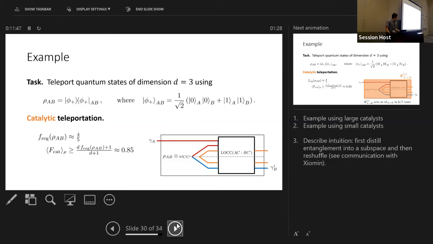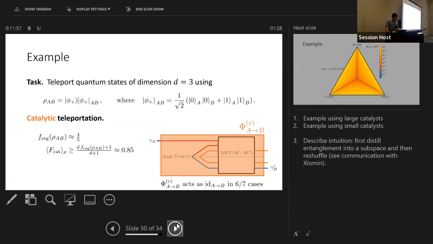Okay, so this is a lower bound, meaning that it's an achievable performance, but we haven't proven that it's the best one. This is something you can achieve using a well-tuned catalyst. If you look at the effective channel acting from Alice to Bob, what you would see is that it acts as an identity in 6 out of 7 cases. So this is strictly larger than what we ever could do before.